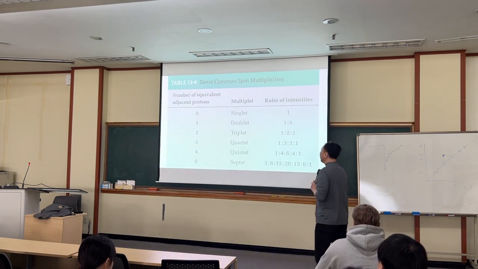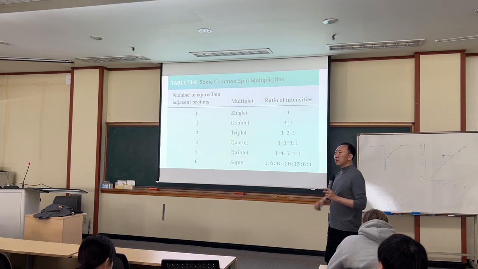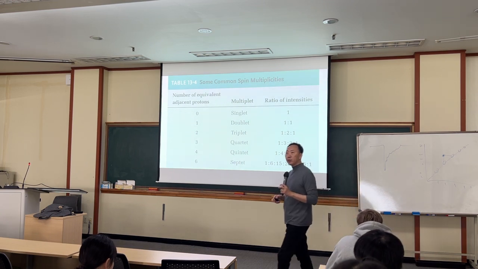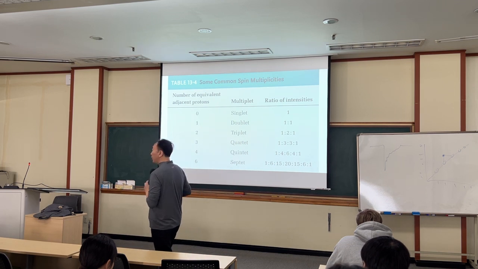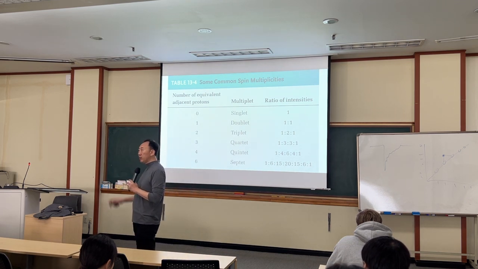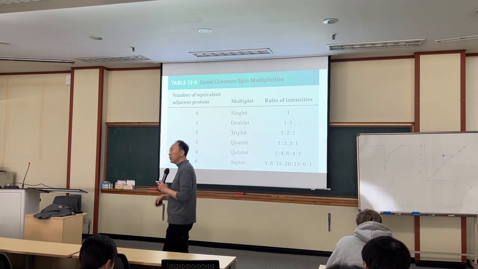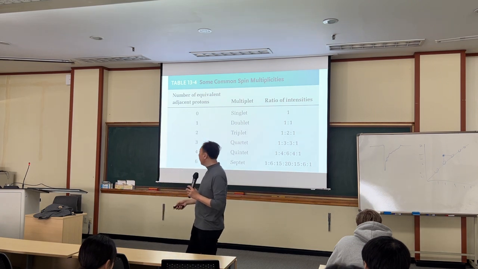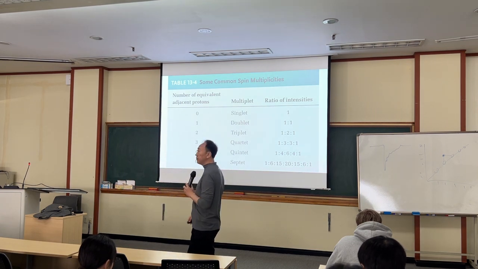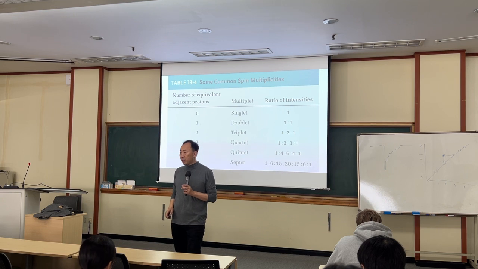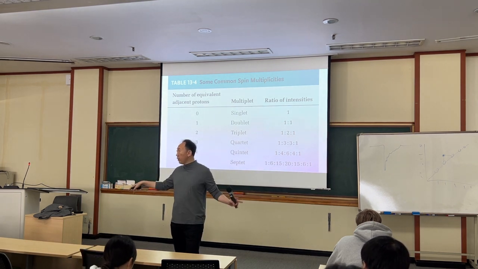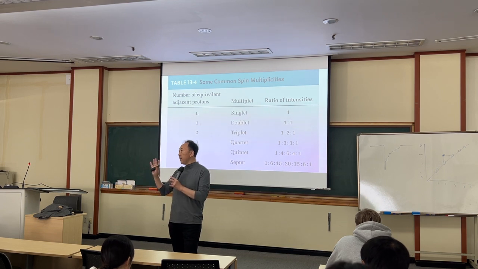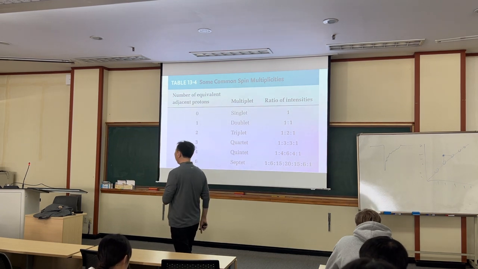So for the splitting pattern, if there are no neighboring protons, it's a singlet, just a single peak. If there is 1 proton next to the carbon, then a doublet. 2 protons, triplet. 3 protons, then quartet. 4 protons means 2 here, 2 here, and that's 4 protons, then you can get a quintet, 5.